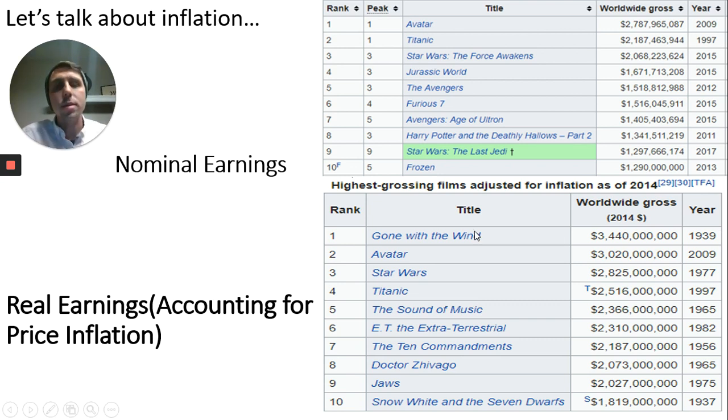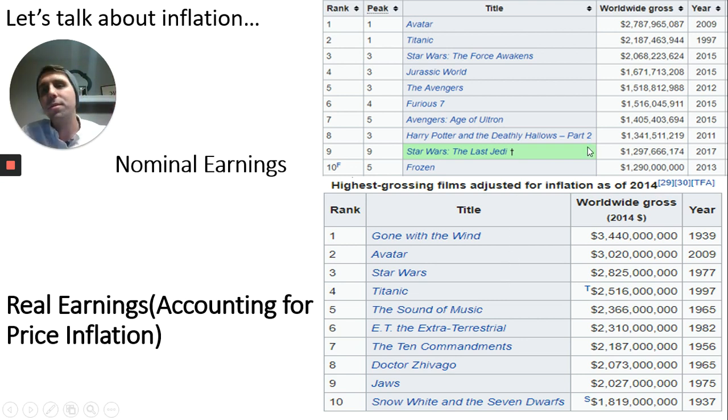And what you'll notice is when you look at the highest grossing films adjusted for inflation, all of a sudden we see 30s, 70s, 60s, 50s, 80s, 60s, 90s, 70s, 2000s, 30s. The diversity is extremely strong because these films are getting the adjustment required to understand just how popular they were with moviegoers.